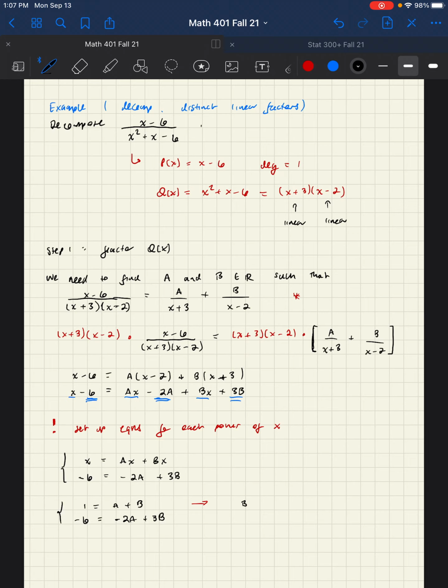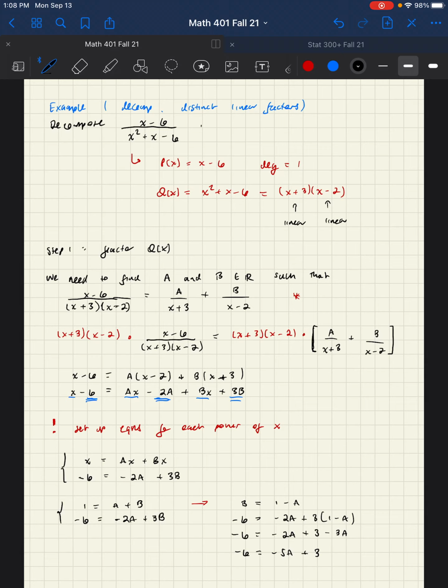So basically, I'm going to replace B by solving for it in the first equation. So B equals 1 minus A, which means in the second equation, we get -6 equals -2A plus 3 times 1 minus A. And what this will give me is an equation in just A. So I get -5A plus 3 on one side and -6 on the other side.